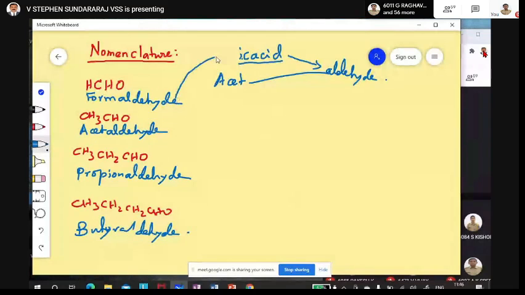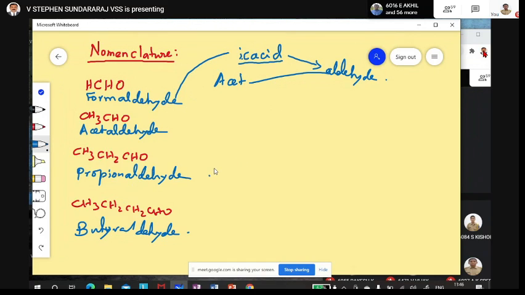Formic acid, but now you say formaldehyde. So the acid is removed and replaced by aldehyde in the common system. Propionaldehyde, butyraldehyde, these names you should remember. You might not have come across them before, so these are common names.